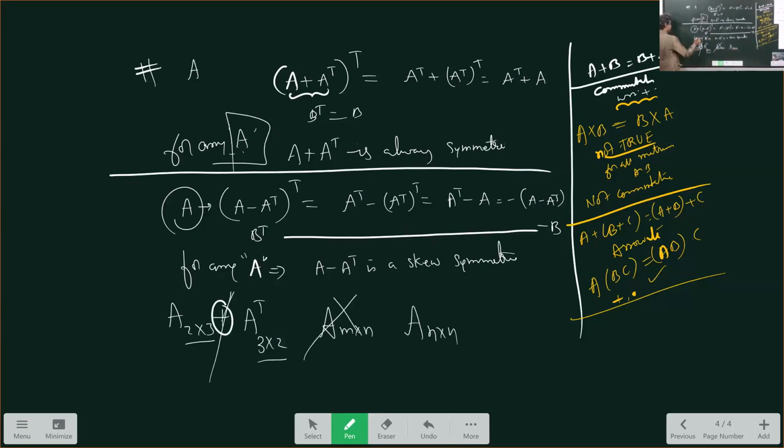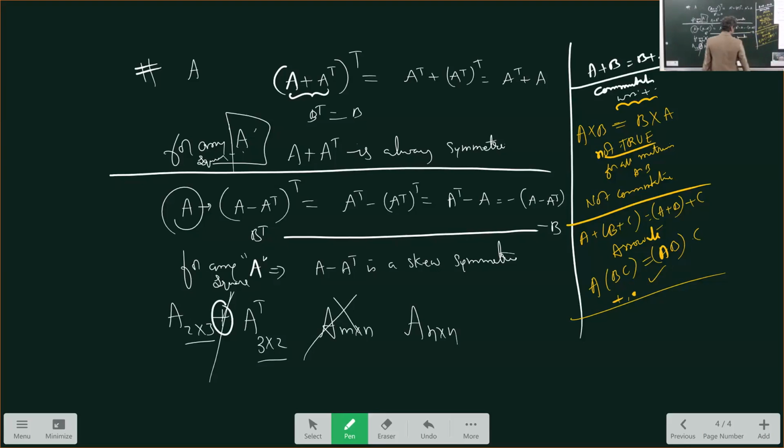So for any square matrix A, we have these two observations. This is clear? Okay, up to this is clear?